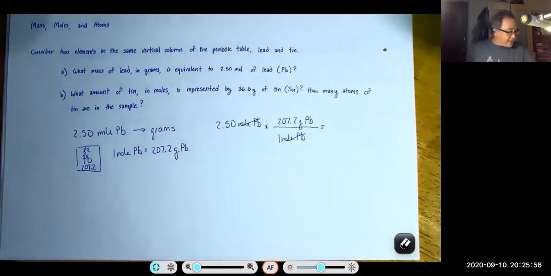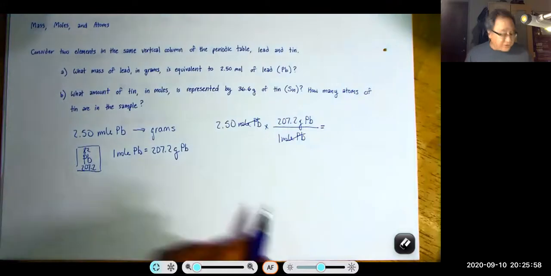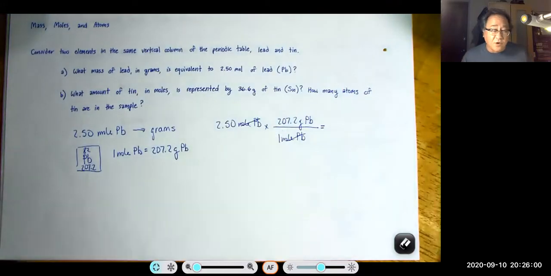So here we can kind of estimate the answer, right? Because 2 times 207 is 414. And half of 207 is like 103. So 103 plus 414 puts us at about 517.